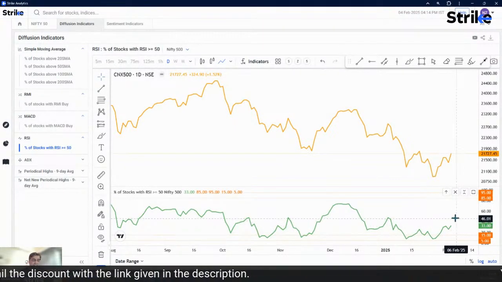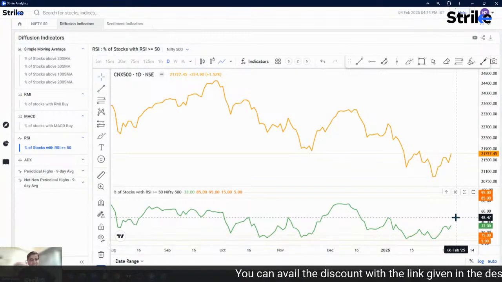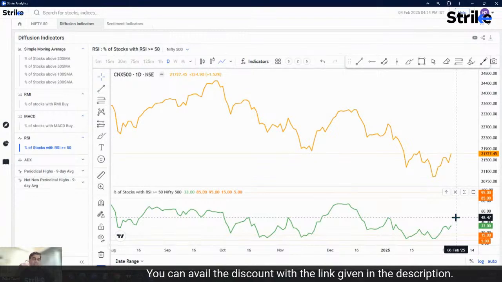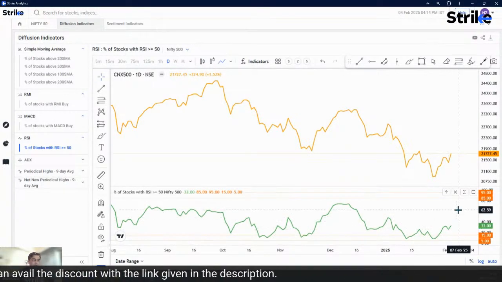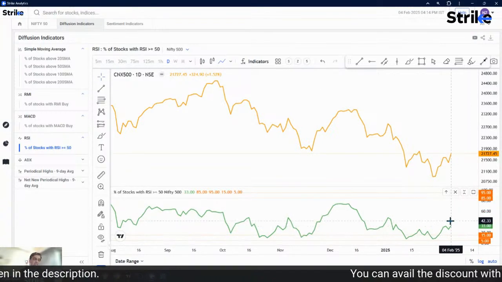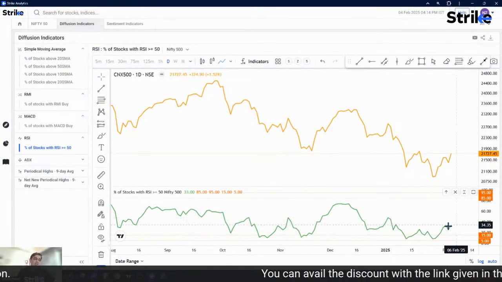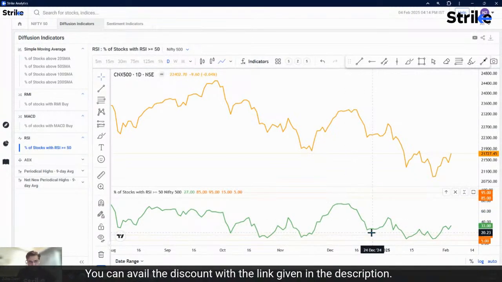And if this is rising, it means that there are more and more stocks from Nifty 500 whose momentum is increasing. It's going above 50, meaning it's increasing. So an increasing indicator over here is considered to be bullish. A decreasing indicator is considered bearish.